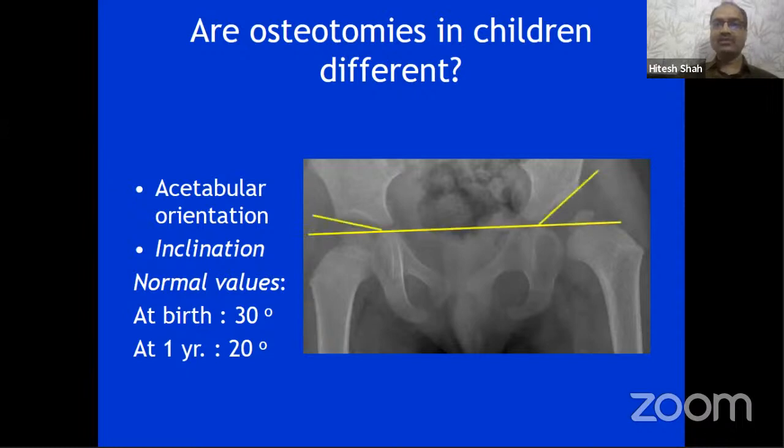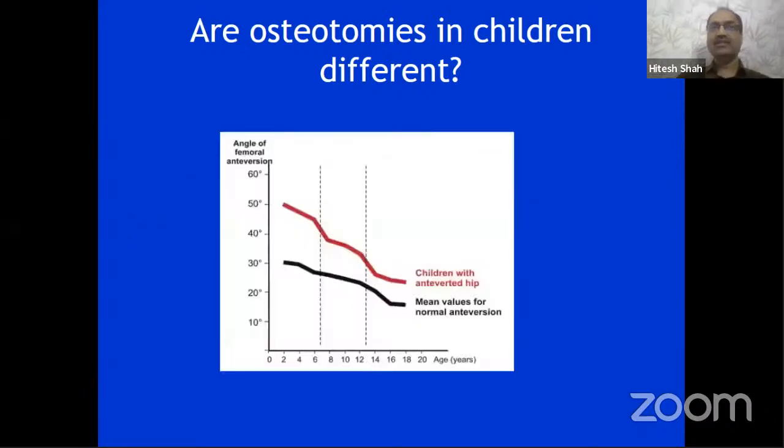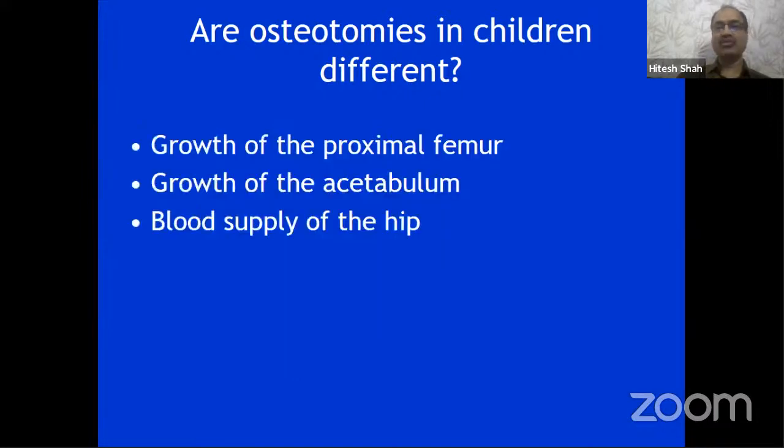So that's how it will be different in kids. Similarly, the femoral anteversion, the tibial anteversion and the acetabular anteversion also decrease with time. So in a very young child, the femoral and acetabular anteversion would be more, and as the child grows older or nears maturity, it goes down.